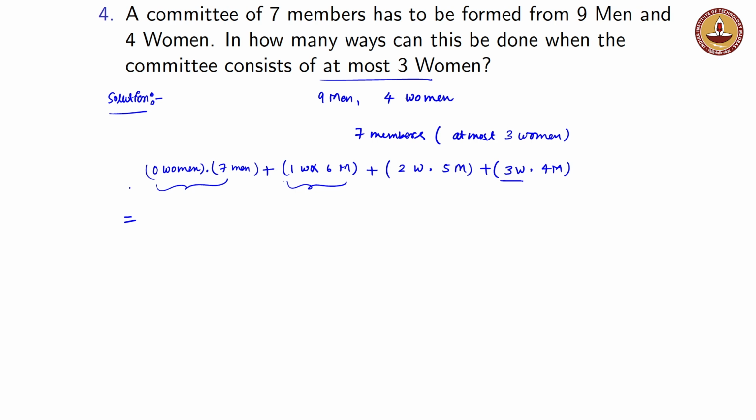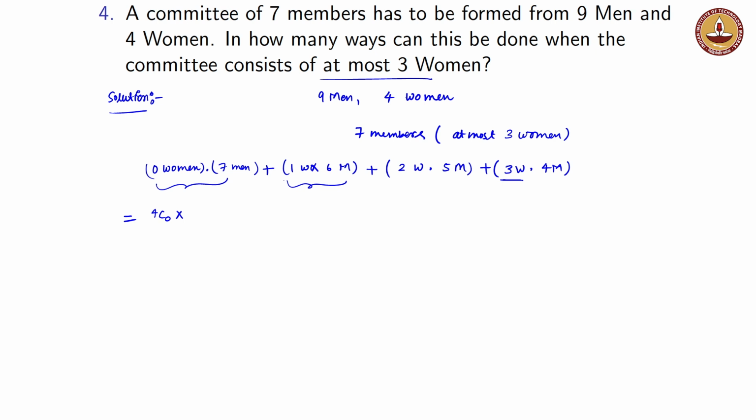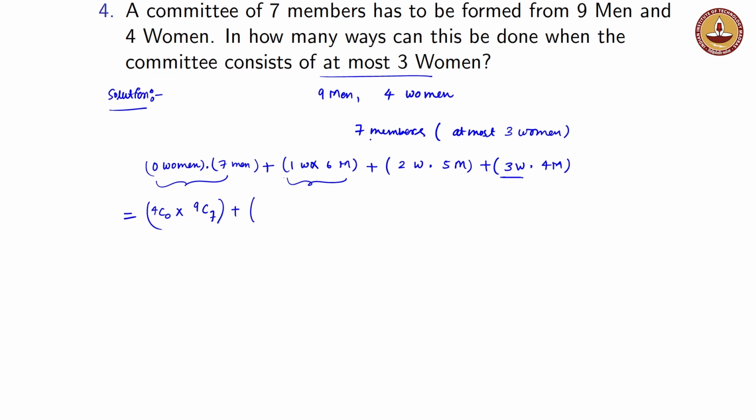Now we will see in how many ways we can choose 0 women out of 4. We can do it in 4C0 into 7 men out of 9. So we can choose 7 persons out of 9 in 9C7 ways, plus 1 out of 4.